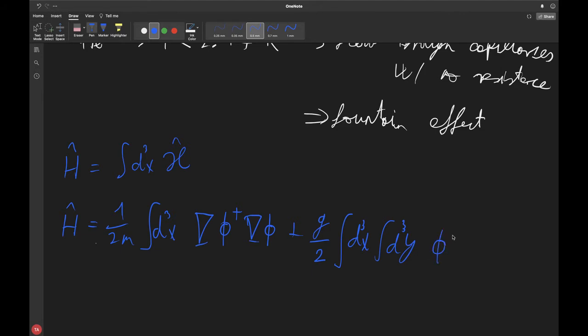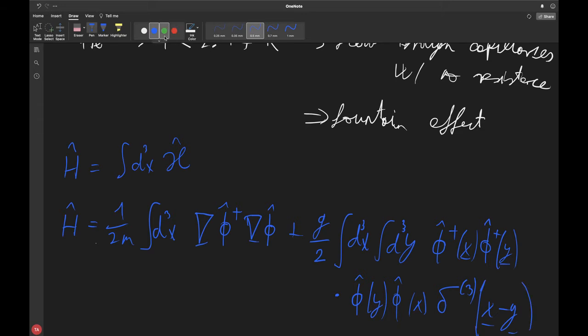So we will have phi dagger at the x 3-vector, interacting with the phi dagger at the y 3-vector, and this is multiplied with the phi at the y point and the phi at the x point. So all of these are operators, of course, and we should have a continuity in this, which we will include by the three-dimensional Dirac delta. So we want x minus y, three vectors.